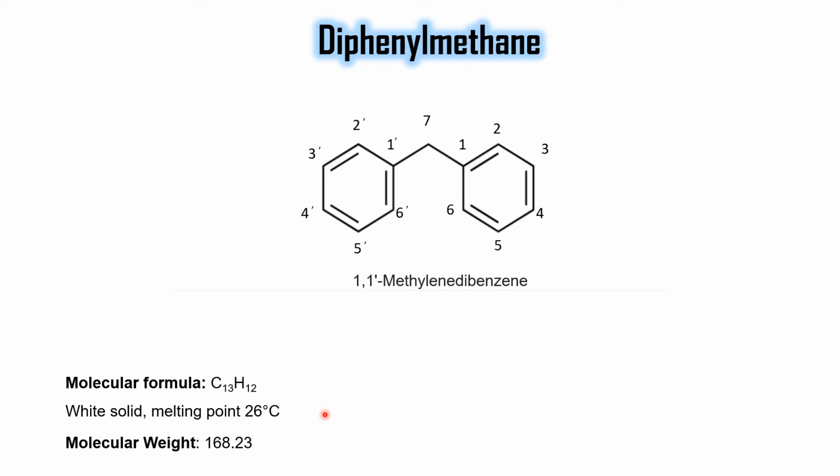Molecular weight is 168. So there is nothing much about to be told in the structure because two benzene rings are intact. Unless they are substituted, they will show resonance as like simple benzene. Benzene has two resonating structures, so this will also show two resonating structures per ring.